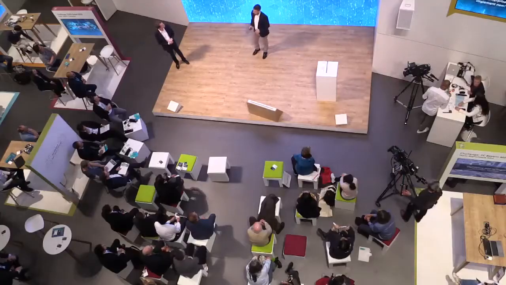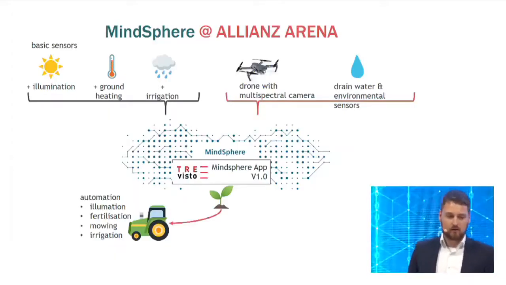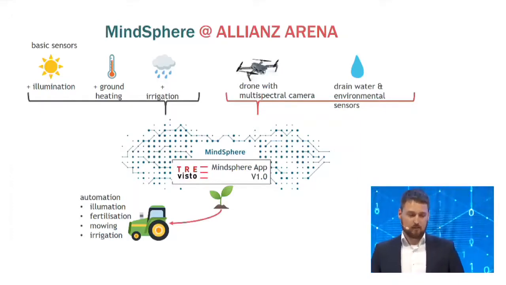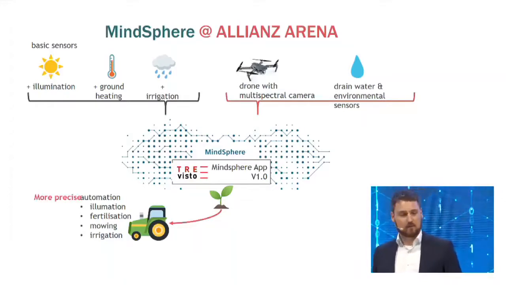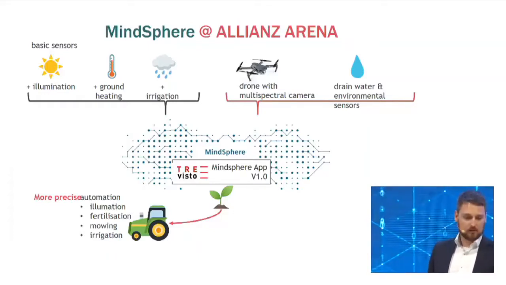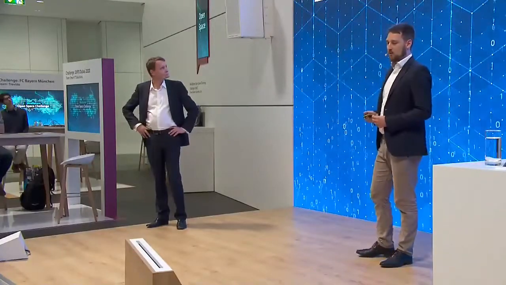All this data goes into the MindSphere wirelessly, and there our Trevisto MindSphere app will calculate the plant health index to give us a more precise automation for the illumination, the fertilization, the mowing, and the irrigation. And we also have our Greenkeeper app for manual advice.